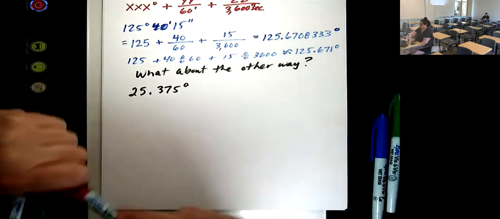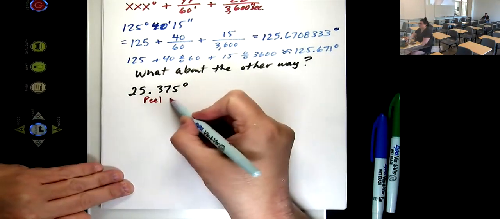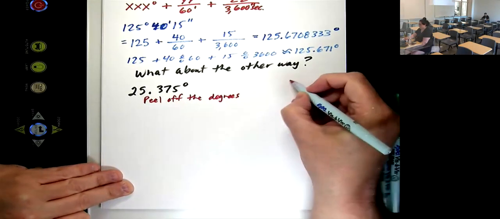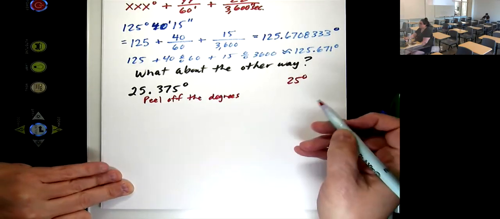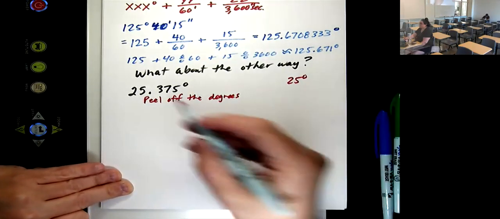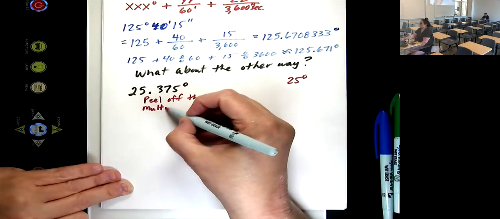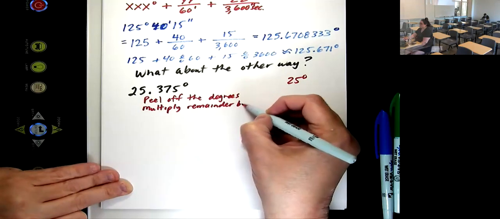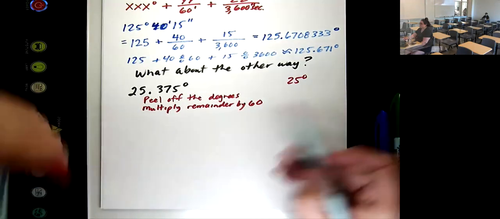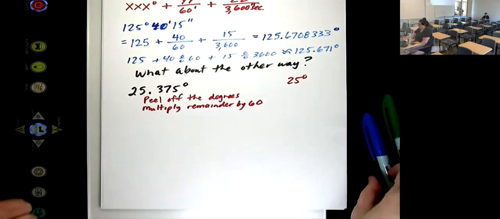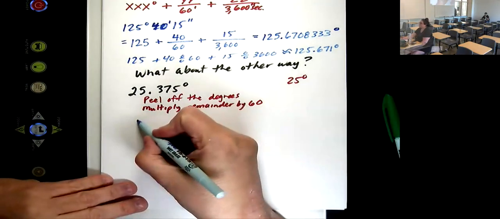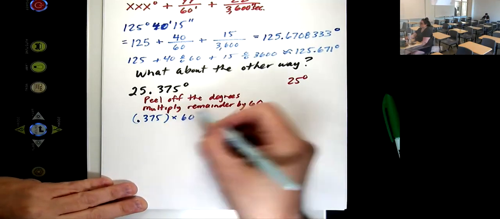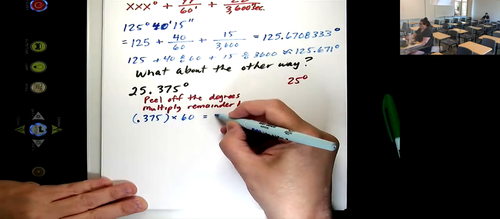First thing you do is you peel off the degrees and put them on the side. We will definitely have 25 degrees. And multiply the remainder by 60. The remainder is the decimal, so just take the entire decimal and multiply by 60. Times 60 is 22.5.